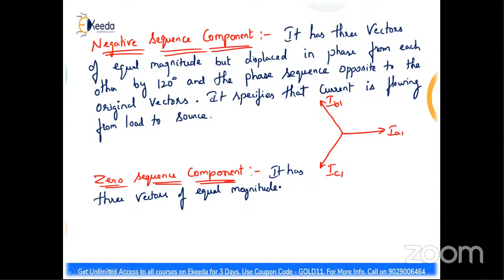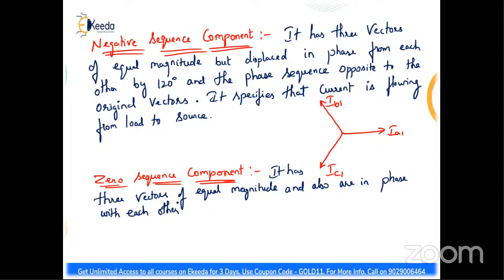That is three vectors of equal magnitude and also in phase with each other. Very important point here. They are in phase with each other.